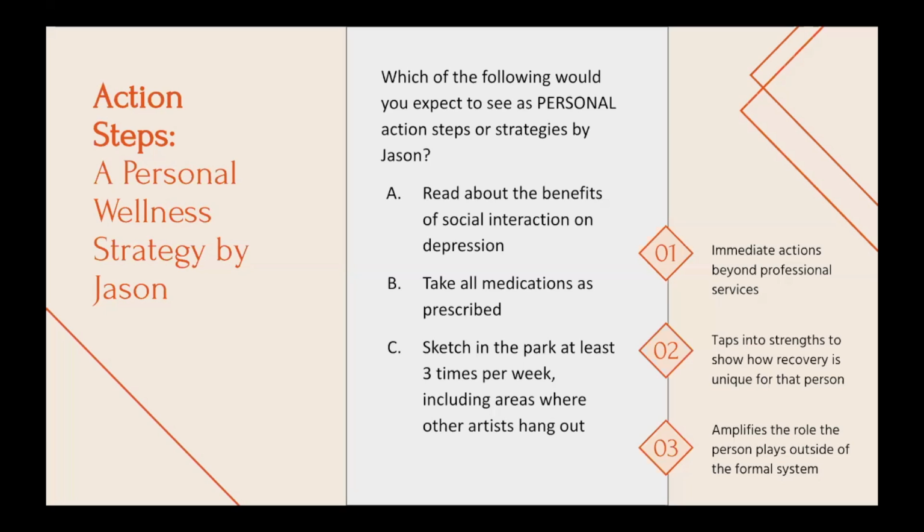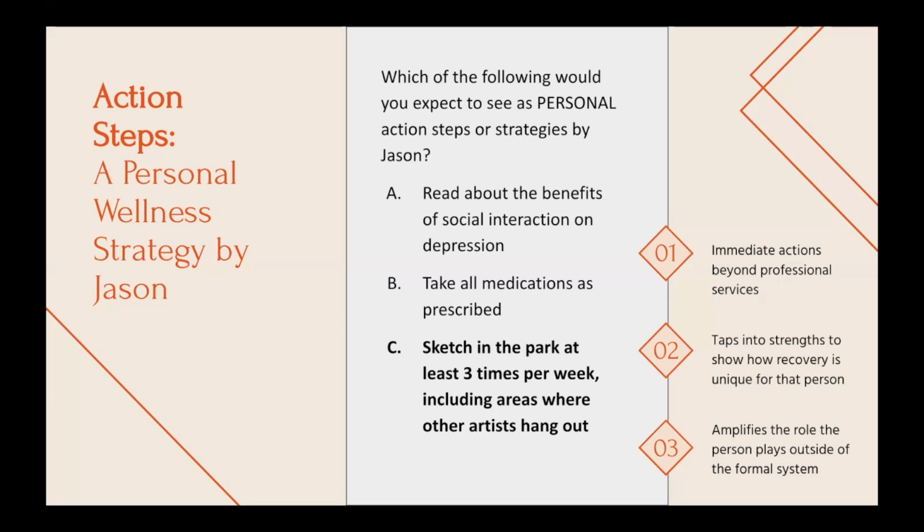Okay, let's review and pick the best option. C is definitely the strongest option based on what we know of Jason's interests and skills and what he's aiming to accomplish.